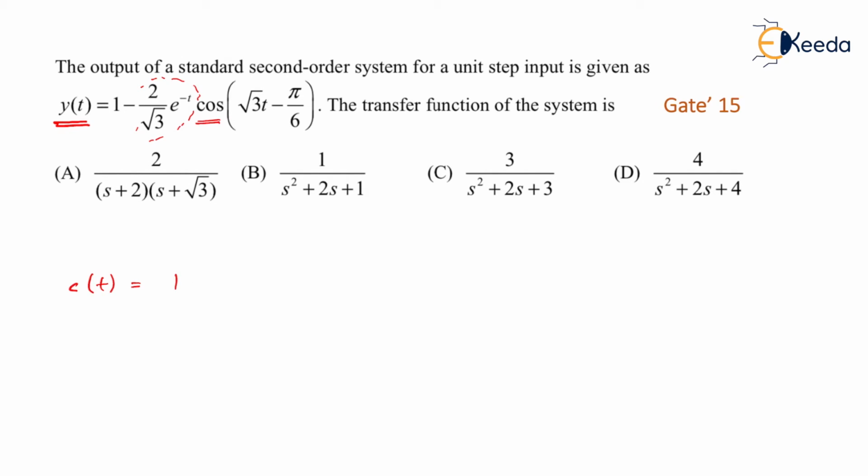What it was? It was 1 minus e to the power minus zeta omega n t divided by under root of 1 minus zeta square sine of omega d t minus phi. Am I right?